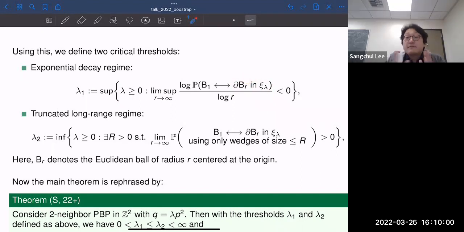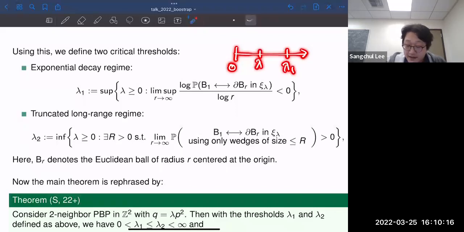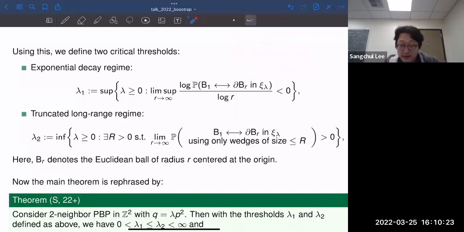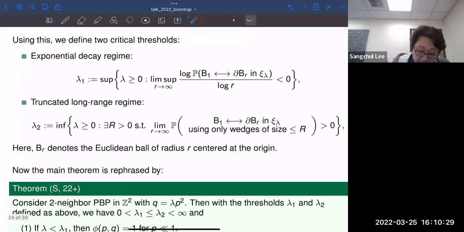So if lambda is small enough, and that is the case, I'm taking the supremum of such lambda and defining that as my lambda 1. So in other words, in this graph, if lambda is any value between 0 and lambda 1, then the corresponding continuum percolation model will exhibit exponential decay of the connectivity.